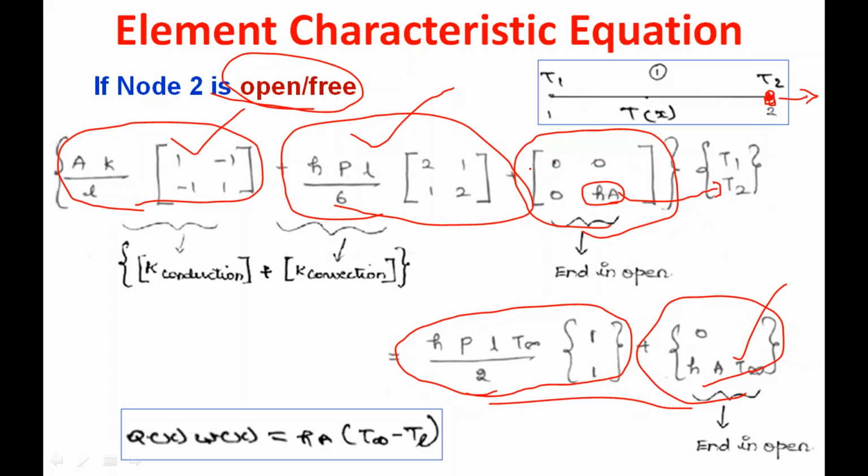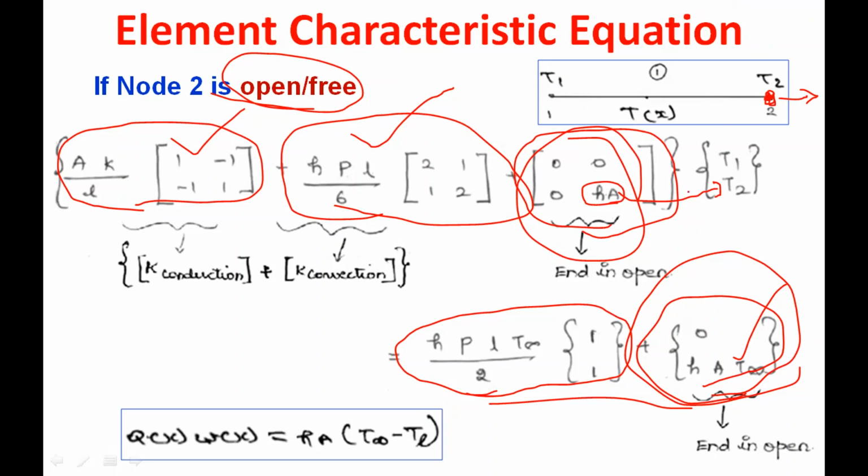So these two terms are additional terms if the second node is open to atmosphere, and we have to remember this. When you solve the problem, you have to carefully see whether the given node is open to atmosphere or connected to an adjacent node.